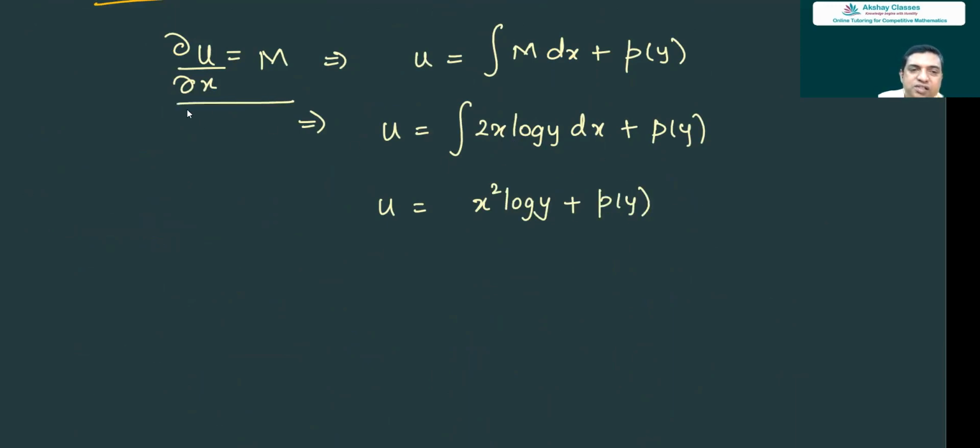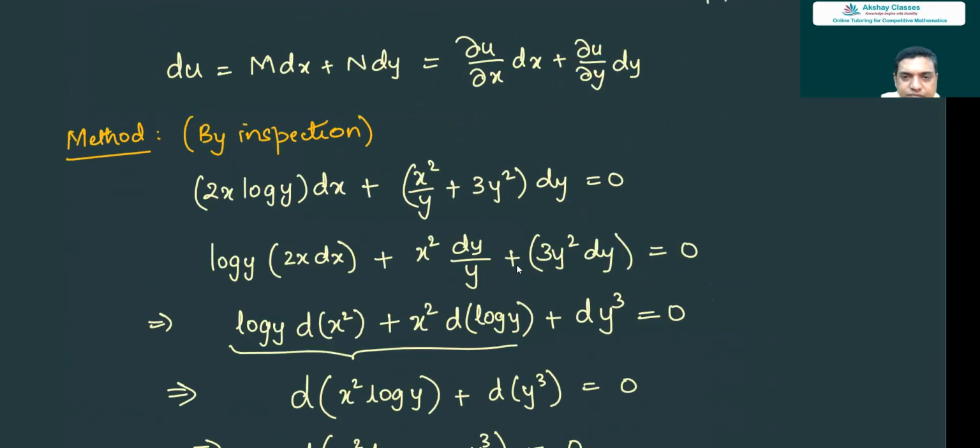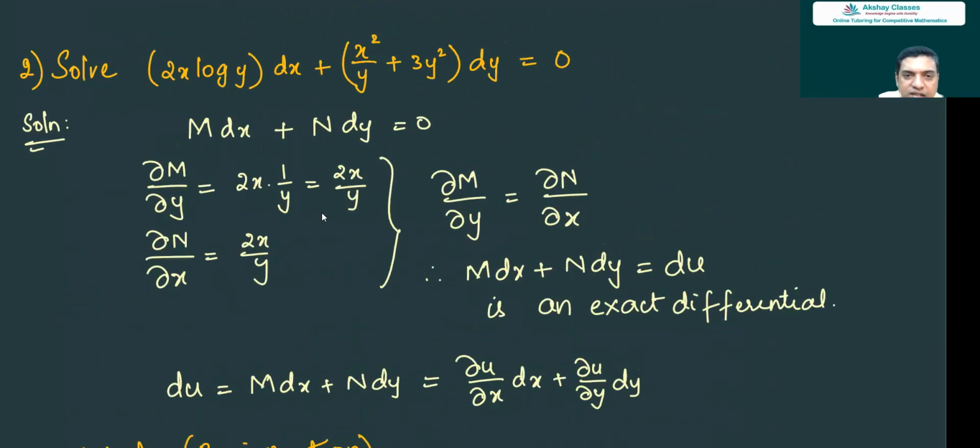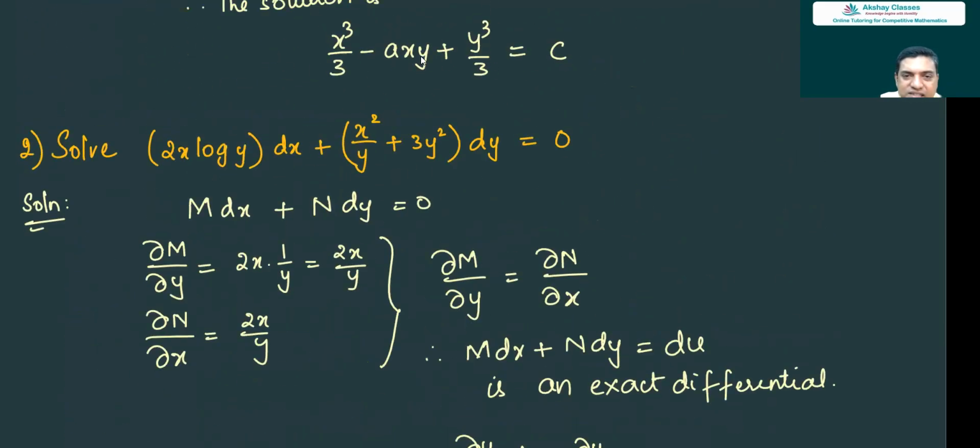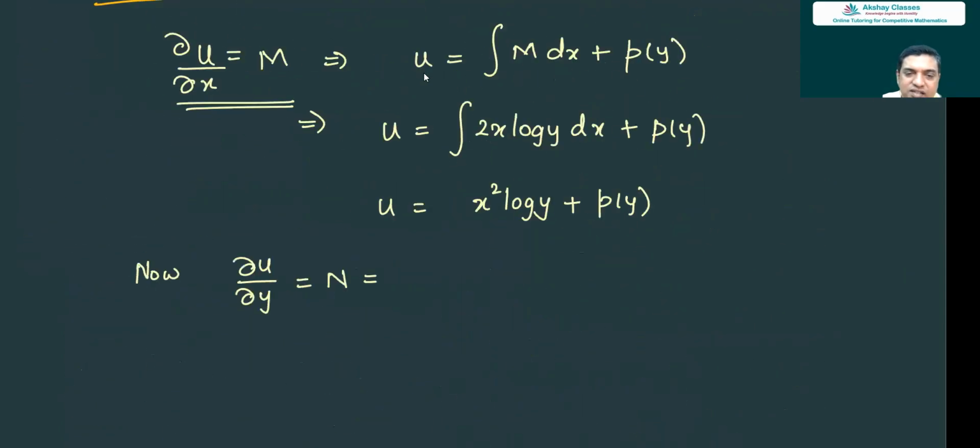So I used this: dou u by dou x is equal to m. Now dou u by dou y is equal to n, which is x square upon y plus 3y square.